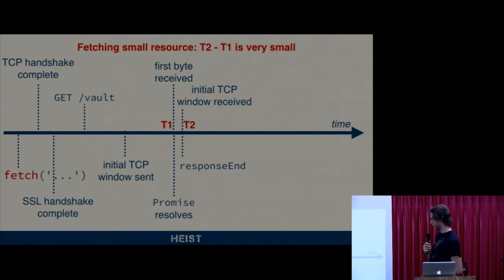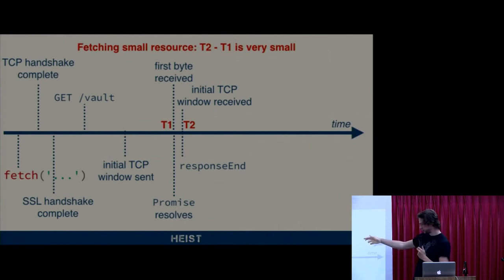And then really moments after, because when multiple TCP packets are sent at once, the timing difference between the arrival of the first one and the last one will be a matter of milliseconds, like 1 or 2 milliseconds maybe, depending on the network.